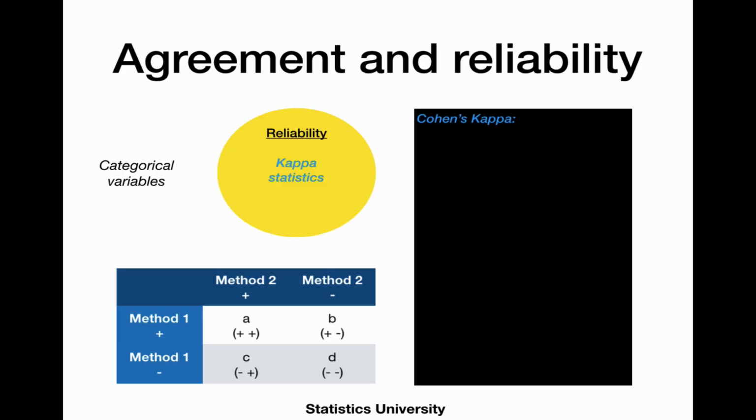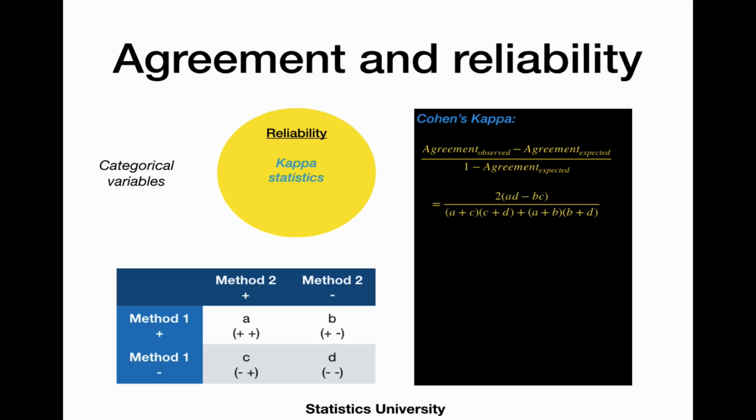The kappa statistic is, as we've already said, the proportion of agreement adjusted for chance variability. We can calculate the Cohen's kappa coefficient by taking the difference between the observed agreement and the expected agreement as a proportion of 1 minus the expected agreement.